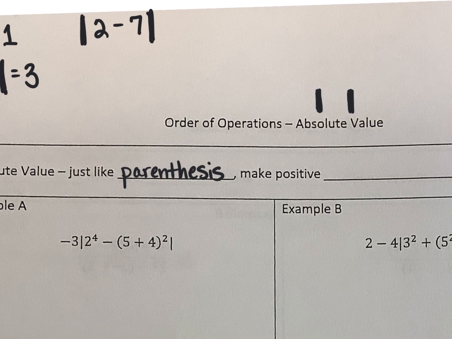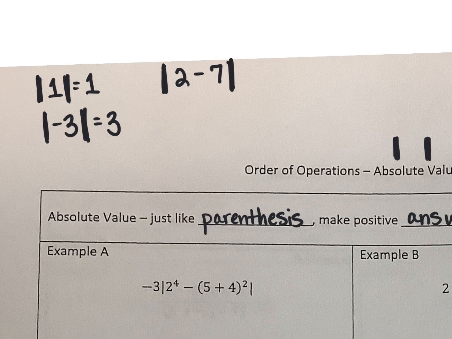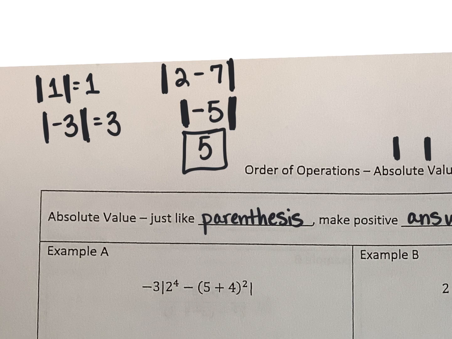They work just like parentheses, but they end up giving you positive answers always. All right, so what is 2 minus 7? Negative 5, right? And then when I take the absolute value, that gives me the 5. Okay, so that will be an answer to that.